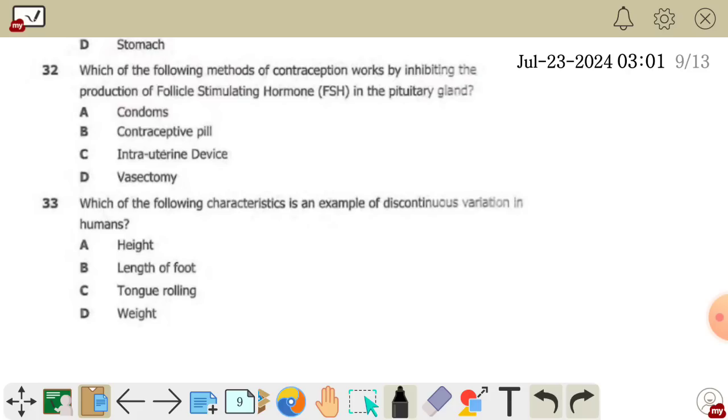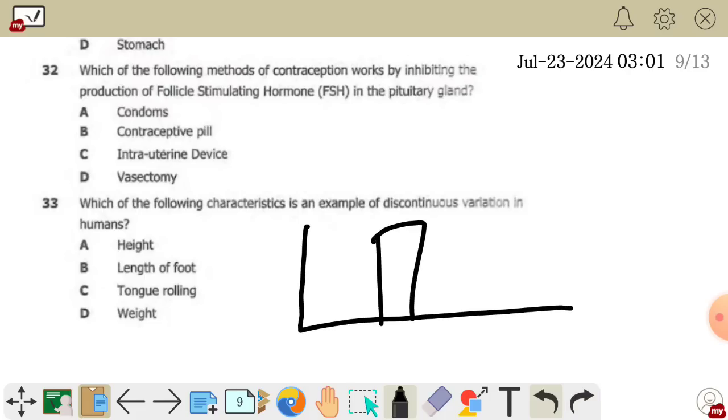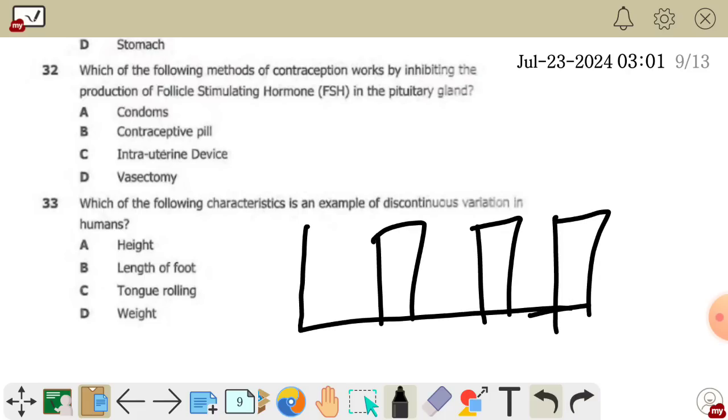We have values which are discrete, grouped into different groups without intermediates. And mostly the graph is shown by a bar chart or a histogram.